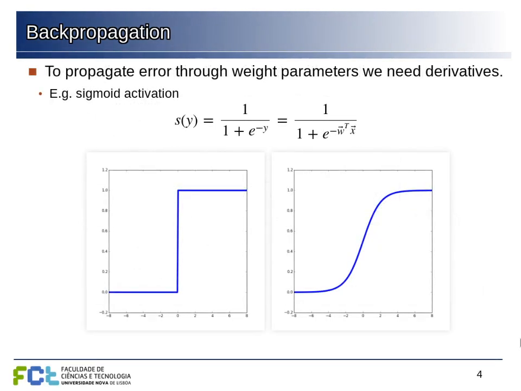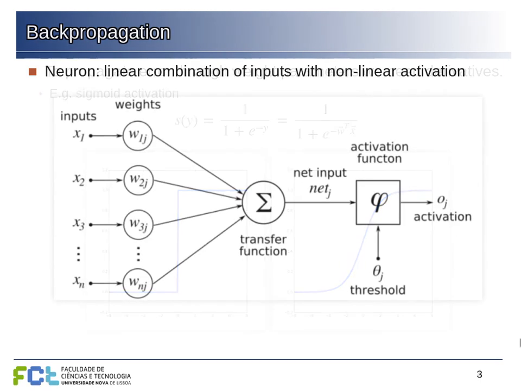So the first thing that we need, in order to propagate the effect of these weights on the difference between the output and the target, is to use functions for which we can compute the derivatives, because the derivative gives us an idea of how strong and in which direction the effect is.